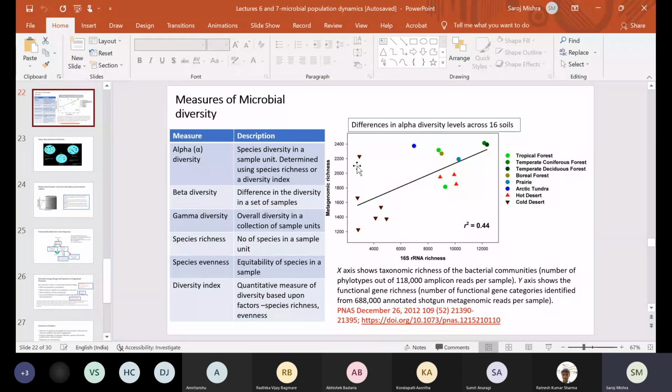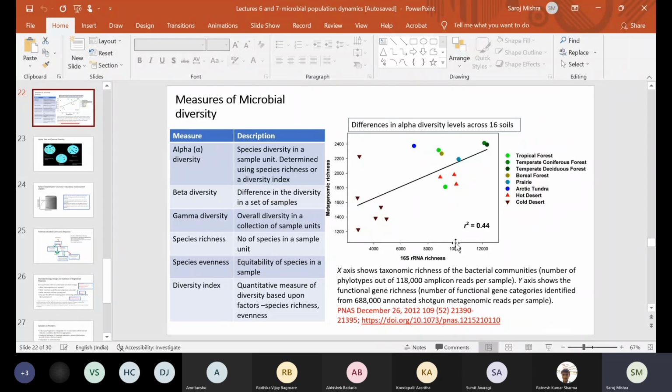Then when we go on to other samples here, again, as the richness increases, you do get to see some kind of increase in functional diversity. However, there is no specific correlation between the two. Okay, so R is the correlation factor, which is not very high here.